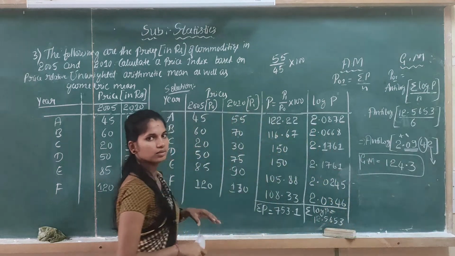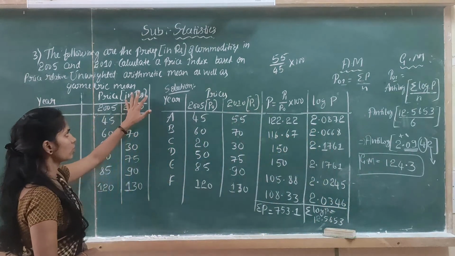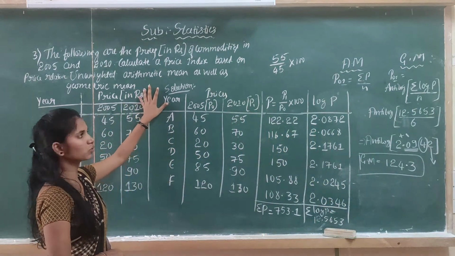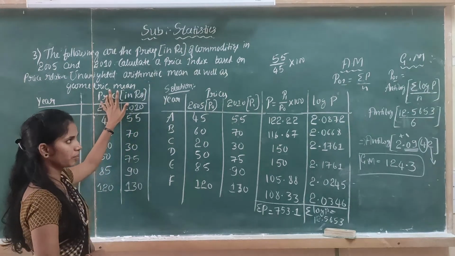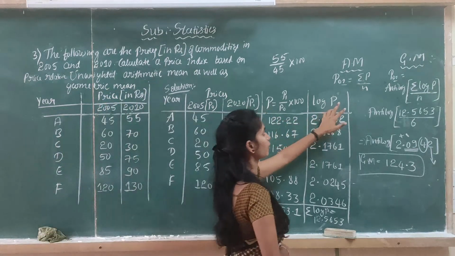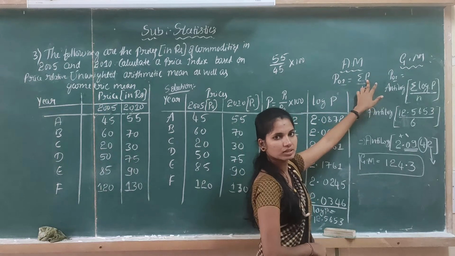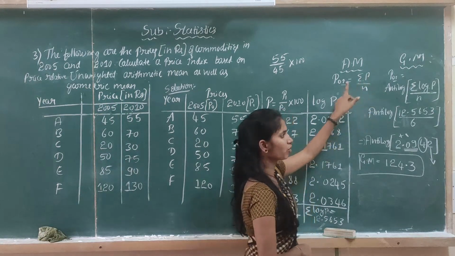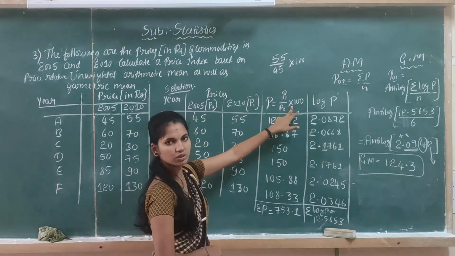There are mainly two concepts in the simple average of price relatives: arithmetic mean and geometric mean. For the arithmetic mean you find the value of P, that is summation P, where P is P1 divided by P0 into 100.